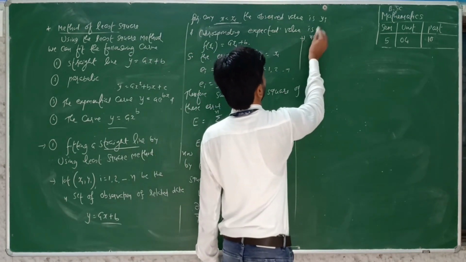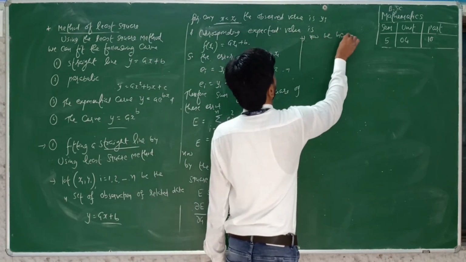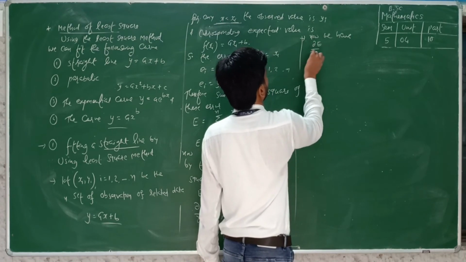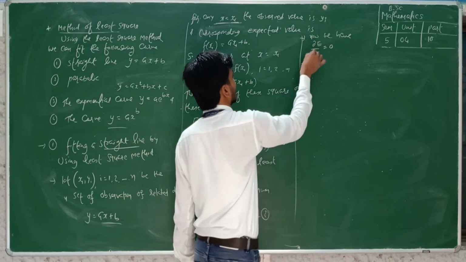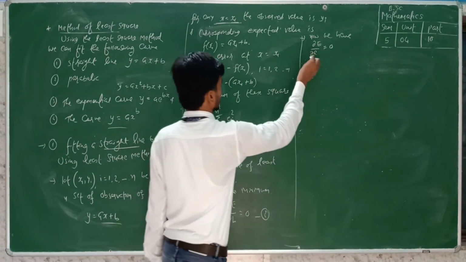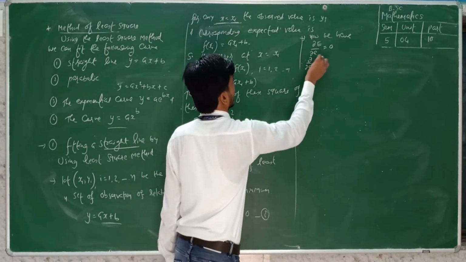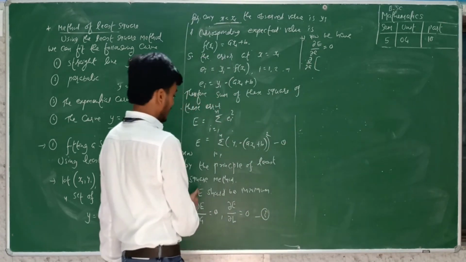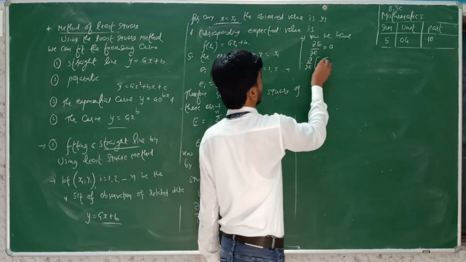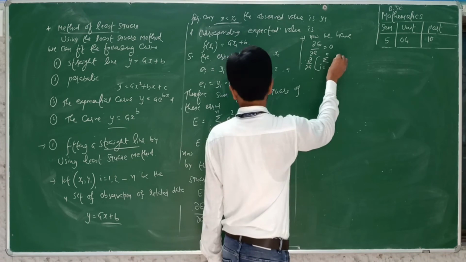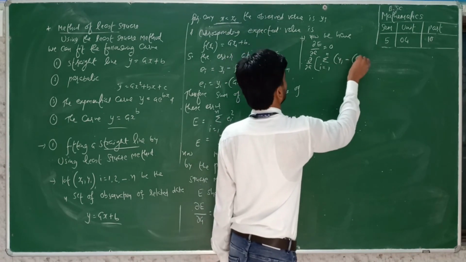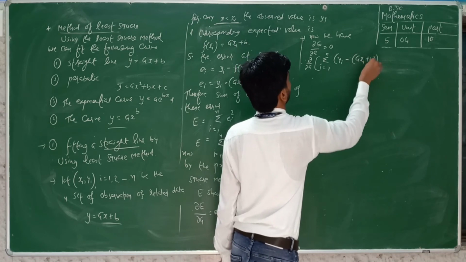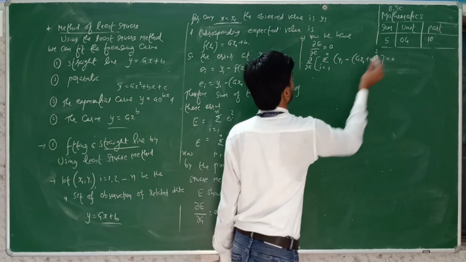So now we have del E upon del A is equal to 0. That means del by del A of E, where E is sigma i equal to 1 to n of (yi minus (a xi plus b)) whole square, is equal to 0.